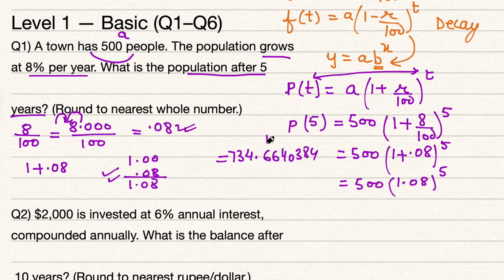If this digit is 5 or greater than 5, we increase the number by 1, right? So that will be 735. So our answer is, after 5 years, the number of people will be 735 if the population grows by 8% per year with an initial amount of 500 people. Perfect.